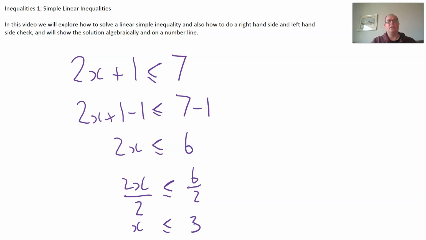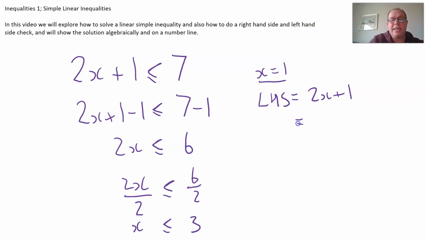Always test whether it's working, because you'll find in the Inequalities 2 video that it doesn't always work. So let's put a number in. Pick any number smaller than or equal to 3. I'll pick x equals 1. And to do this, you need to break it up into left-hand side is 2x add 1. And let's put x equals 1 into the left-hand side.